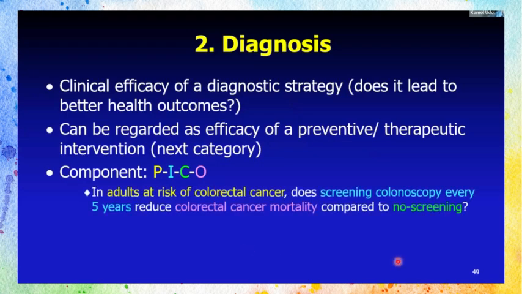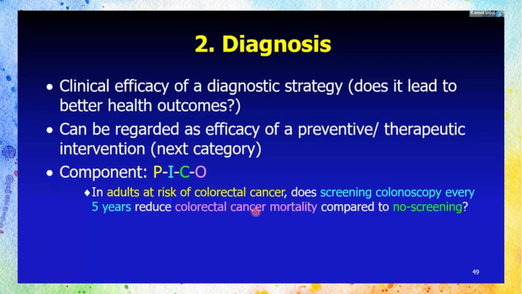For example, in adults at risk of colorectal cancer, does screening colonoscopy every 5 years reduce colorectal cancer mortality compared to no screening? You'll see that it's the study regarding the test, screening colonoscopy, but we are looking at the outcome, not the diagnosis of the disease, but the mortality, the result of being diagnosed and then being treated.